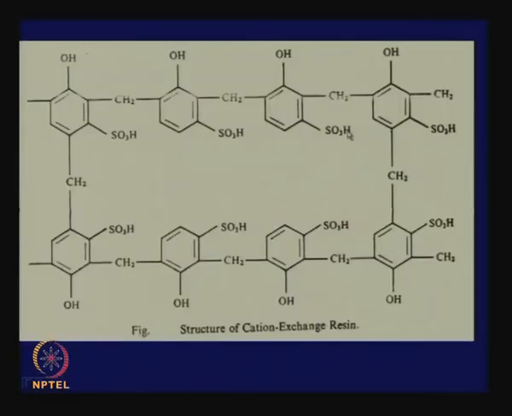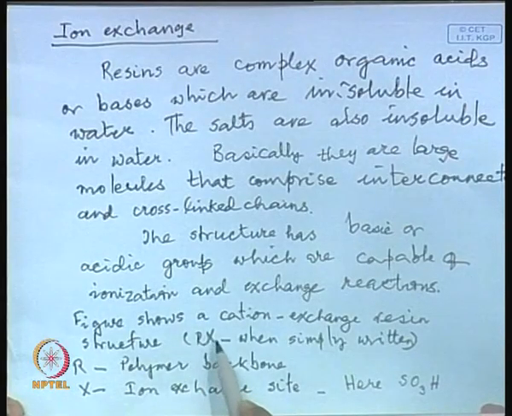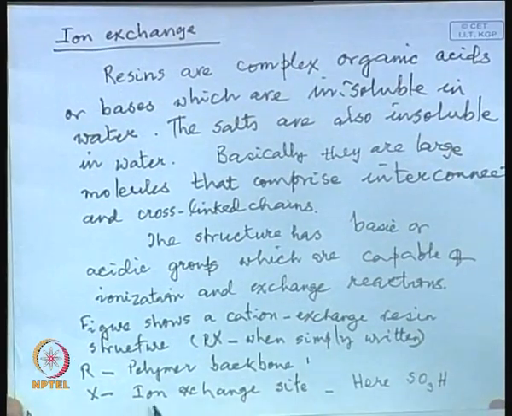Now, here what we are showing is a cation exchange resin, because this is where a cationic exchange will take place. We sometimes write it simply as R X, meaning resin matrix, and X is where the exchange will take place. R is the polymer backbone and X is the ion exchange site.